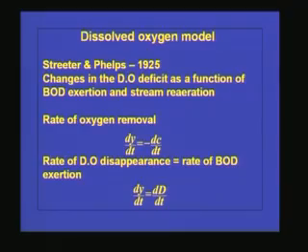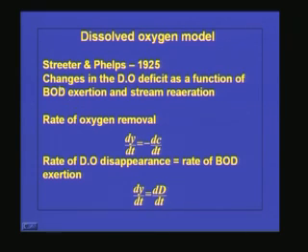If you want to see the oxygen profile in a stream, or the quality of the stream with respect to pollution or effluent addition, we can use the dissolved oxygen model. Today we will see this dissolved oxygen model in detail. This model was developed by Streeter and Phelps in 1925.